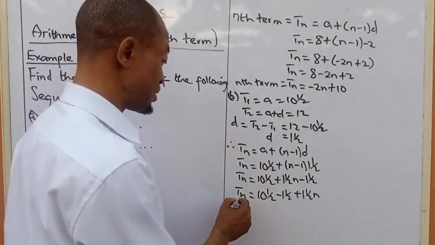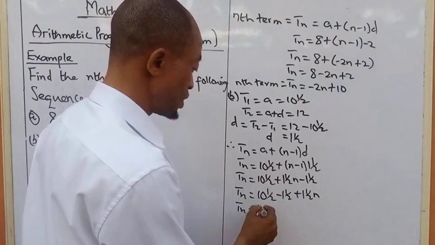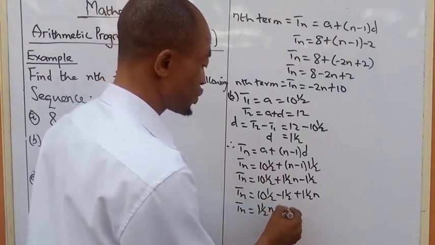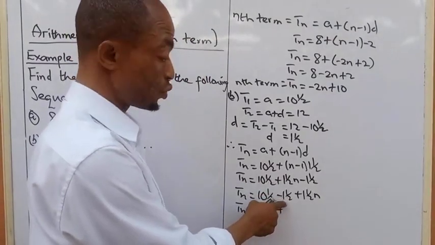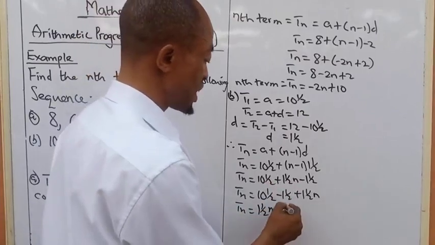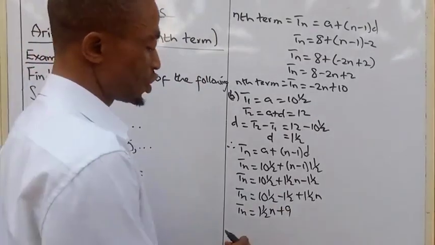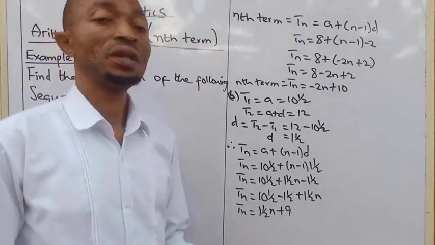So Tn equals 1.5n plus 9. This will be our answer, that will be our nth term.